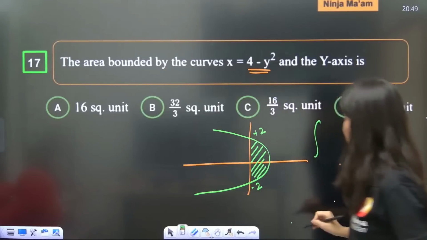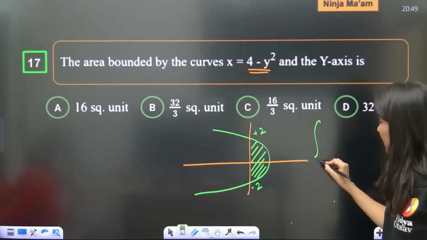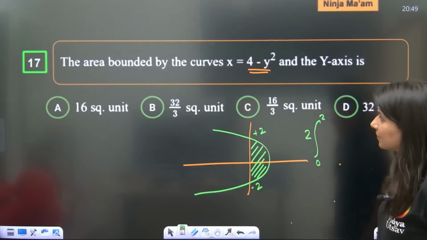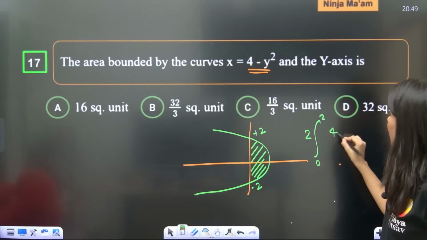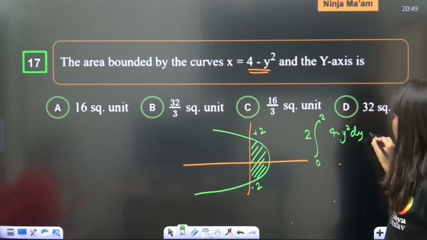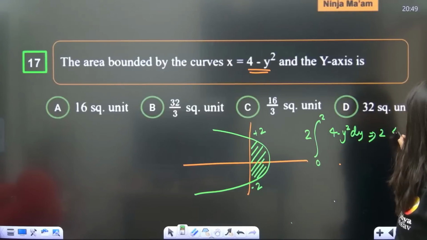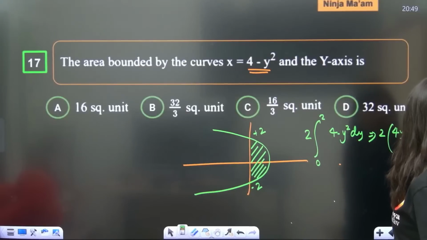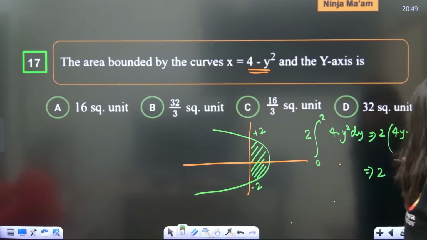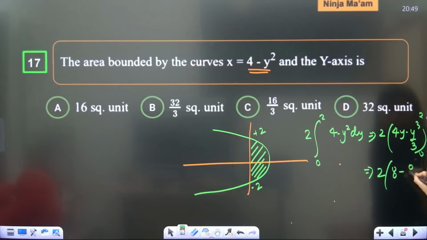So integration in the first quadrant from 0 to 2, twice, between the y axis and this curve, and this is 4 minus y square dy. So this is nothing but 2 times (4y minus y cube by 3) from 0 to 2. 4 twos are 8 minus 8 by 3.